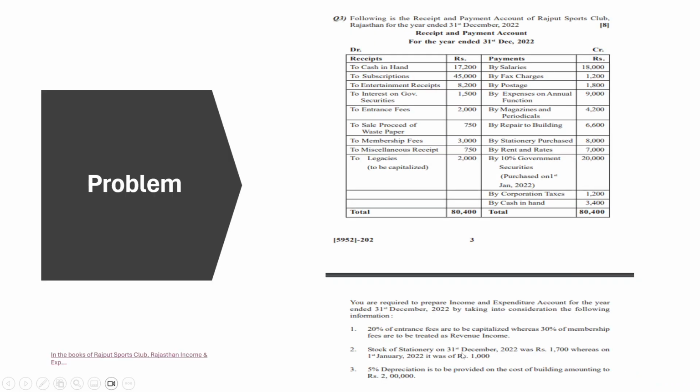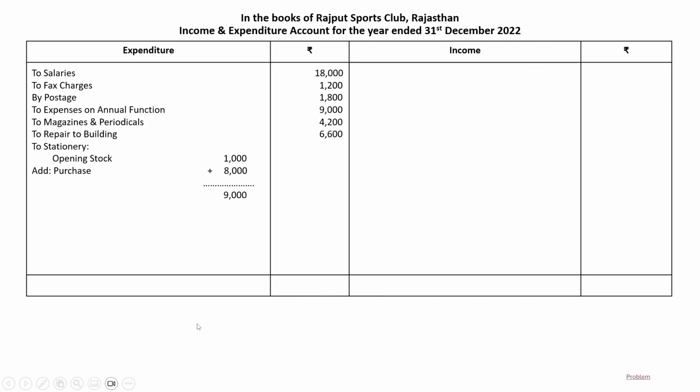How much is the closing stock on 31st December 2022? 1,700. So deduct it. Whatever amount is left, that will go to the outer column. How much is that? 7,300. So if the information, like opening stock, closing stock and purchase, is given, do the adjustment in this way. Understood? So the amount of the stationery is 7,300.